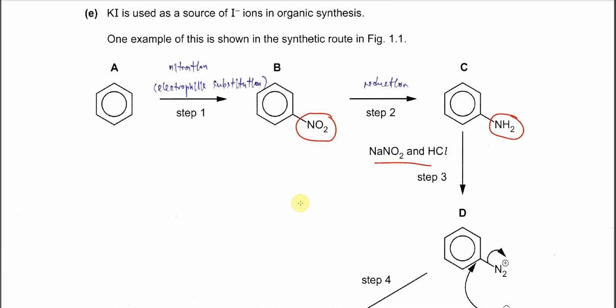After that, the iodide that we mentioned just now will be the nucleophile that substitutes the N2 positive there. Eventually the N2 positive will form nitrogen, and it will form this iodobenzene. So these are the steps involved in this part E.